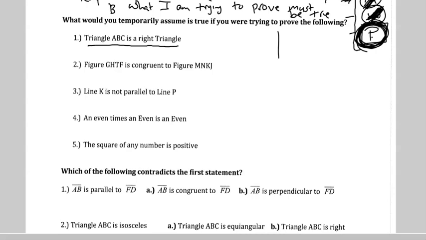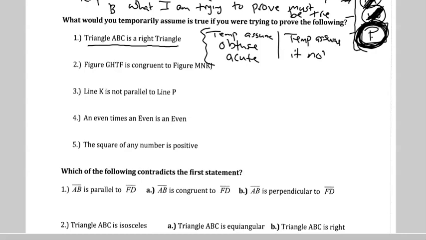You could temporarily assume it is obtuse, find a contradiction, and then temporarily assume it is acute and find a contradiction. That would be the opposite of that it's right. A different way is temporarily assume it is not right.